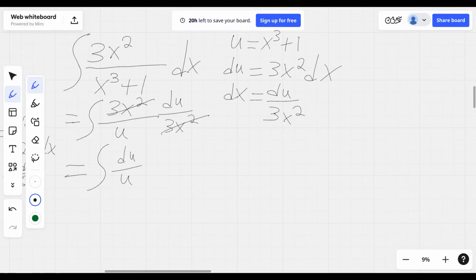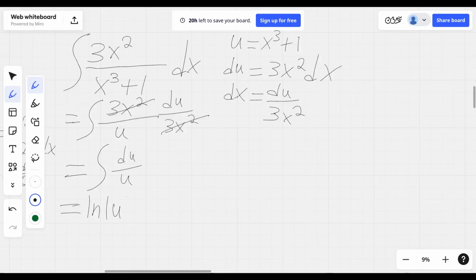And now to solve this, we're going to do the same thing we've been doing. So we can bring that u to the numerator, or we can just do, as we learned in I believe it was the second episode, we learned about basic rules of integration.